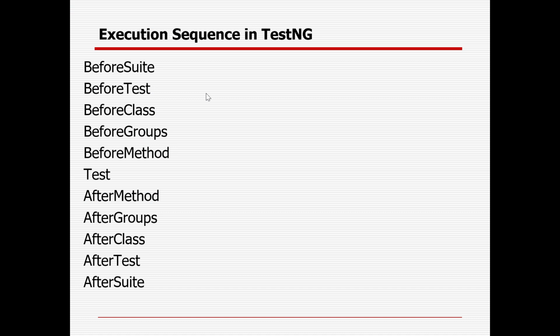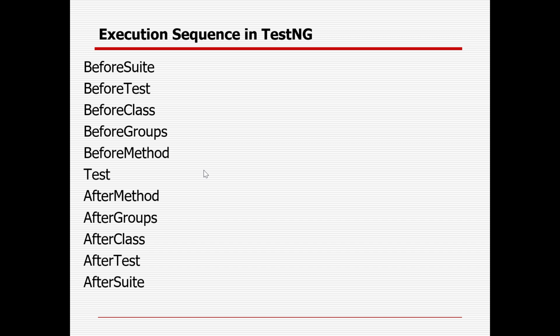Yeah, so BeforeSuite first, but it will be suite level, meaning only suite level. So definitely, if we are creating only one suite, it will be executed only one time. BeforeTest will be test level also, so it will also be one time in case you are creating one test.